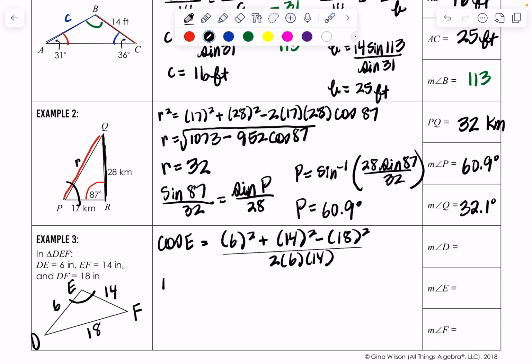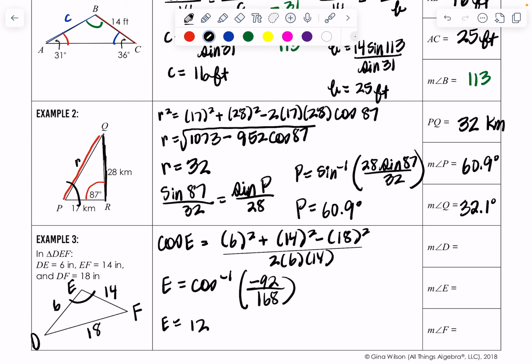Okay, so E would be equal to the inverse cosine of, and I'm going to plug this in my calculator and get a number here. Okay, so negative 92 on the top. On the bottom, I got 168. Okay, so E is equal to the inverse cosine of negative 92 divided by 168.